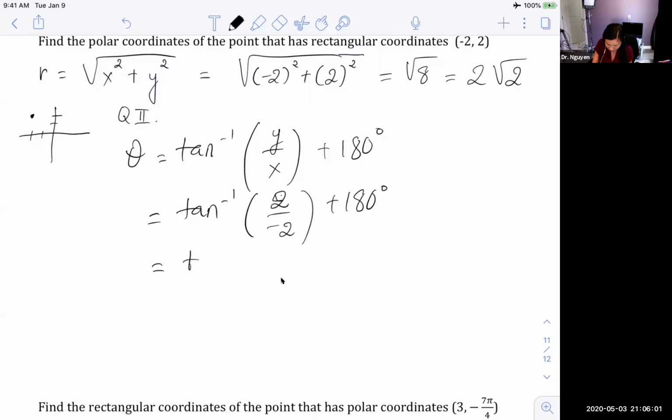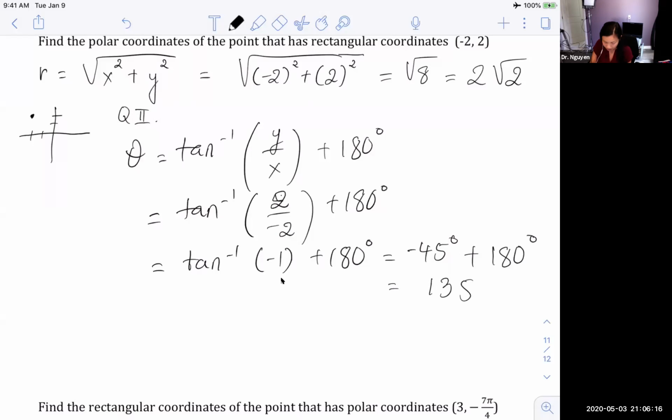So this is arctangent of negative 1 plus 180, which is negative 45 plus 180. So it's 135 degrees. Your final answer is going to be r, which is 2 radical 2, and then the angle is 135 degrees. All right, moving on.